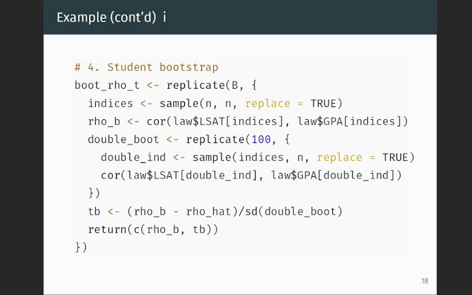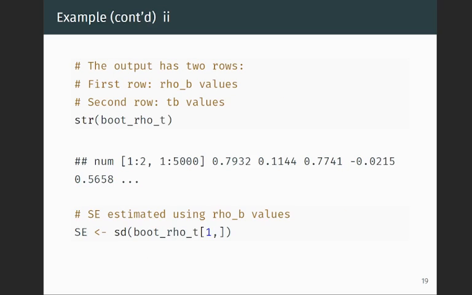And then finally what we do is that we return both row B and TB as our values from the replicate function. So what we'll get from this is a matrix with 2 rows. So boot row T will have 2 rows and 5,000 columns. The first row corresponds to the row B values, and the second row corresponds to the TB values.